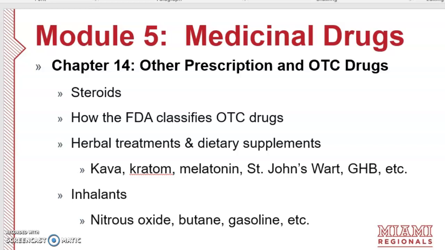GHB has been used since the 80s by bodybuilders as a way to build muscle mass. We also know GHB is a date rape drug, and yet it still remains available over the counter for some reason. And we'll talk about some other drugs too, and these herbal treatments and medicinal drugs. And as I mentioned earlier, we will talk about some of the commonly used inhalants.